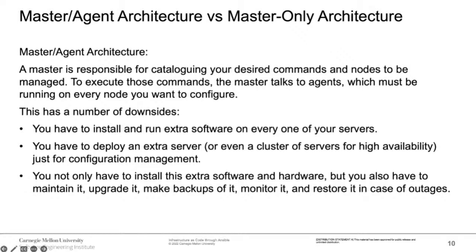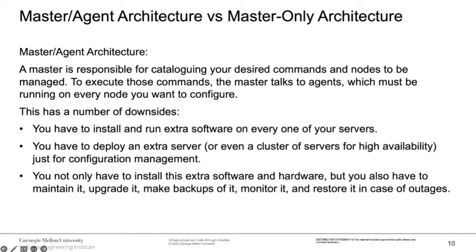And in order for you to manage your nodes, they need to have an agent running on them, which can talk to the master. And it reaches out and asks the master for its configuration code, and then it configures itself, right? This has some positives. The nice thing is, bootstrapping a new node, you simply just drop an agent and instruct it to talk to the master, and it pulls down the configuration by itself, which is great.